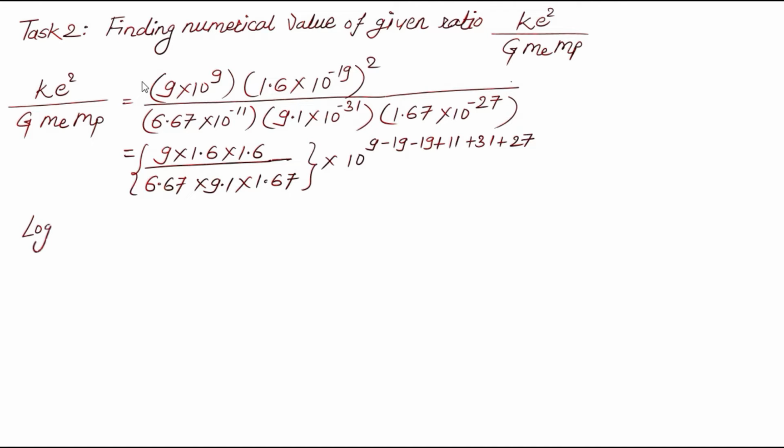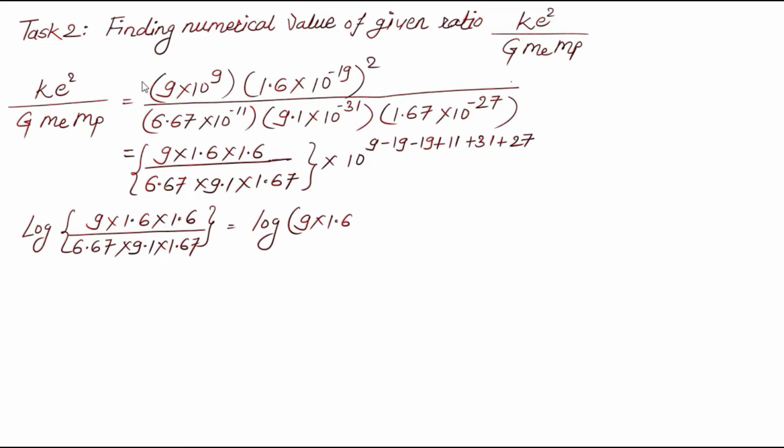So log of the given ratio, 9 into 1.6 into 1.6 upon 6.67 into 9.1 into 1.67, is equal to log of 9 into 1.6 into 1.6 minus log of 6.67 into 9.1 into 1.67.